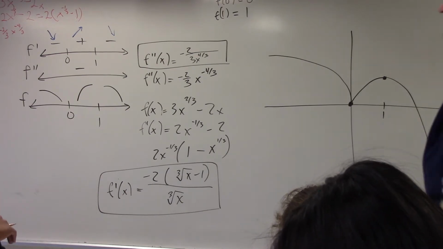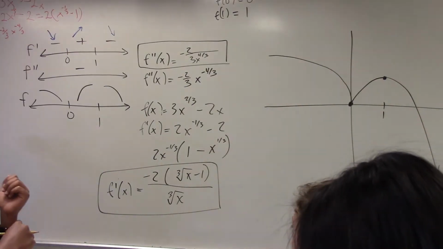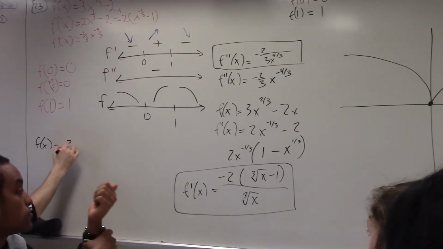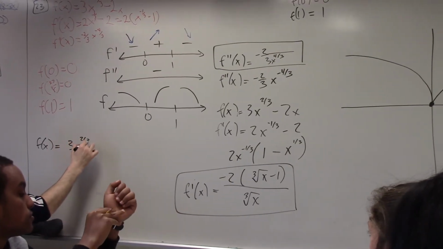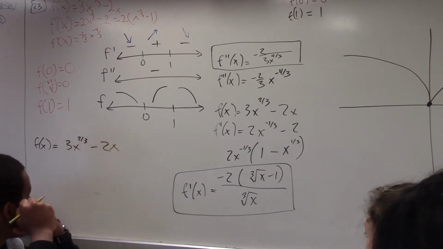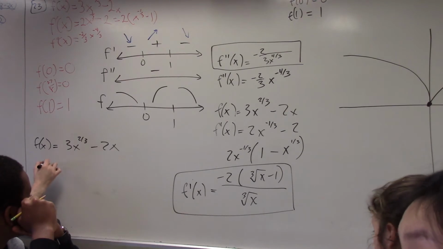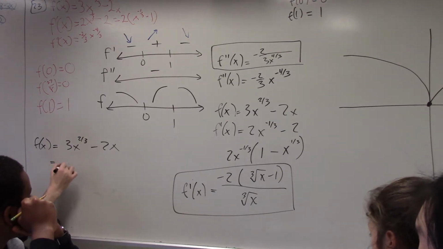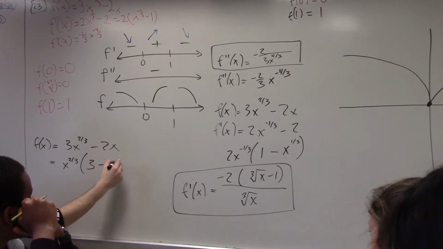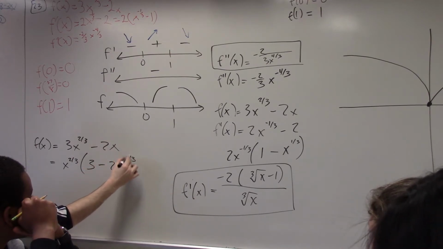I couldn't even figure out where that root was if I didn't factor this. So this original function was 3x^(2/3) minus 2x. If I factor out the lower power, which is x^(2/3), I'm left with 3 minus 2x^(1/3).